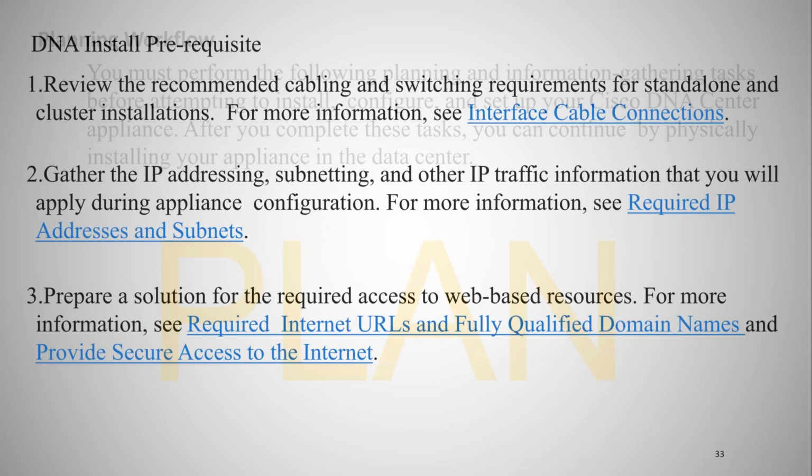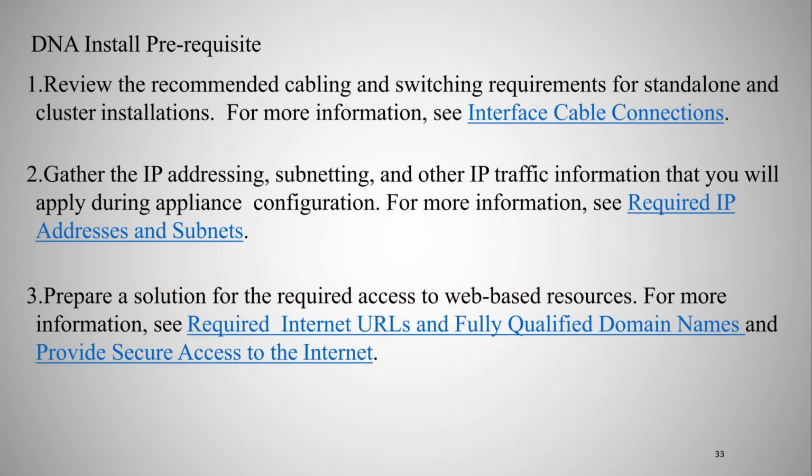So we want to install, what's the prerequisite to install this? Obviously, you need to know what you want to assign as the enterprise network, because there is one port called the data port or enterprise port. So for that enterprise port, what is the IP address? Then for SIMC, what type of IP address you want to assign? For management, what type of IP address you want to assign, right?